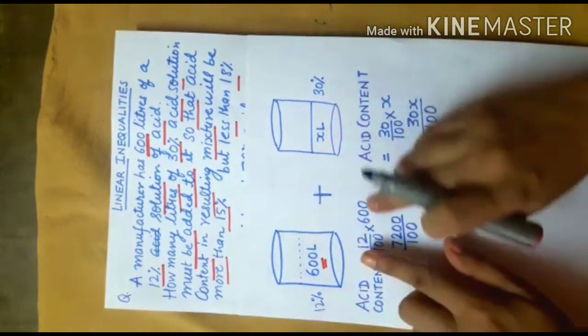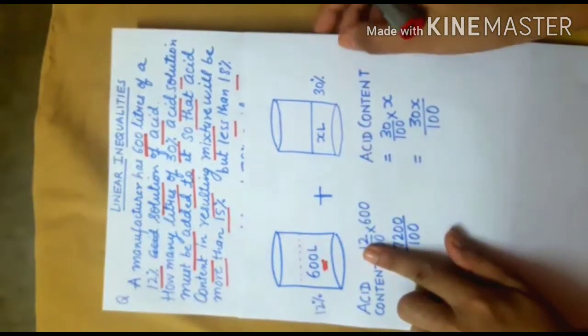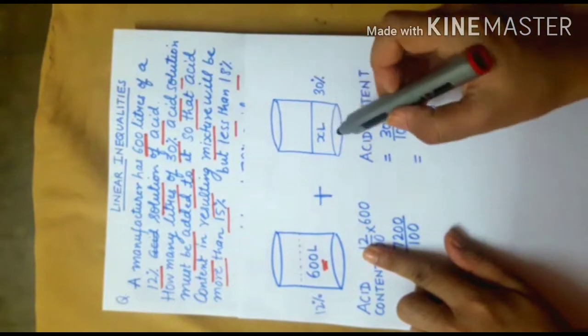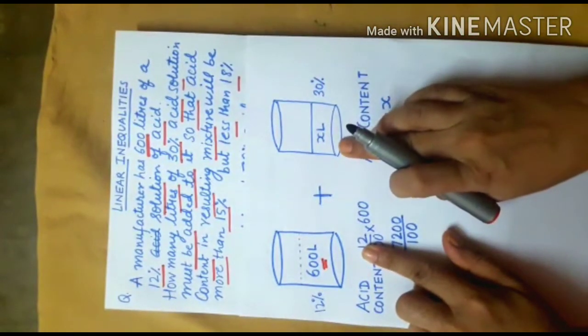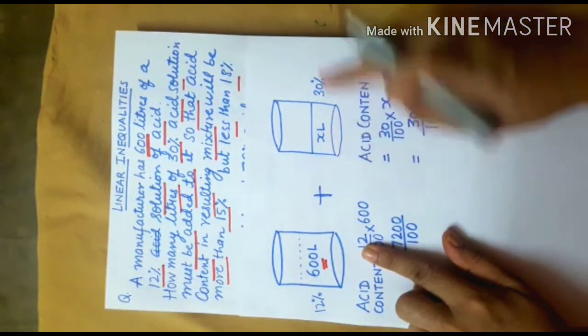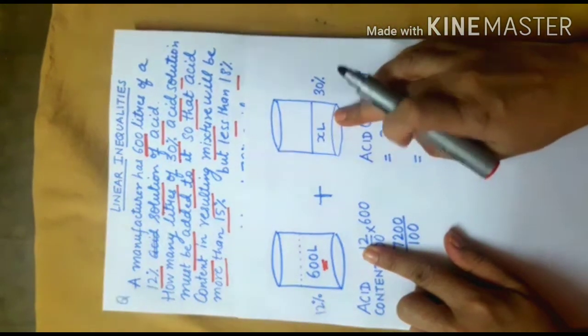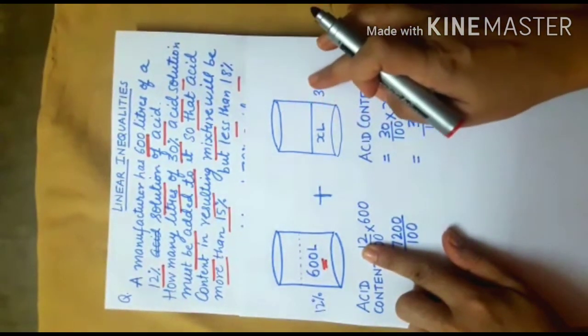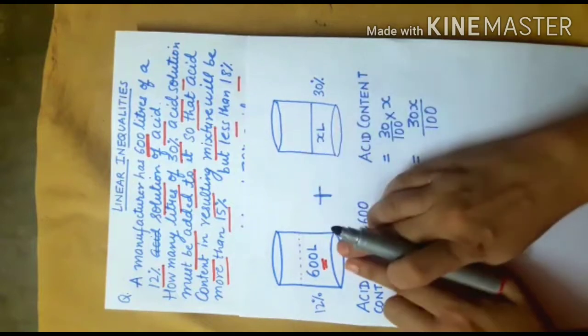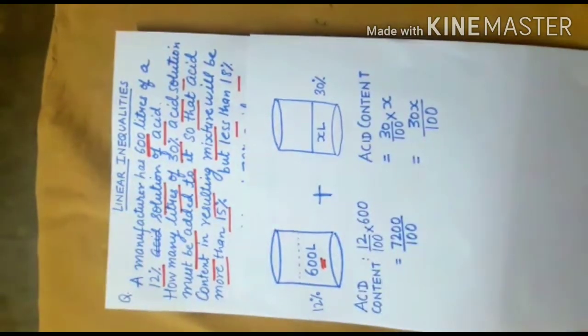Now he is asking, how many liters of acid solution with 30% concentration should be added to it so that the acid content in the resulting mixture will be more than 15% and less than 18%.